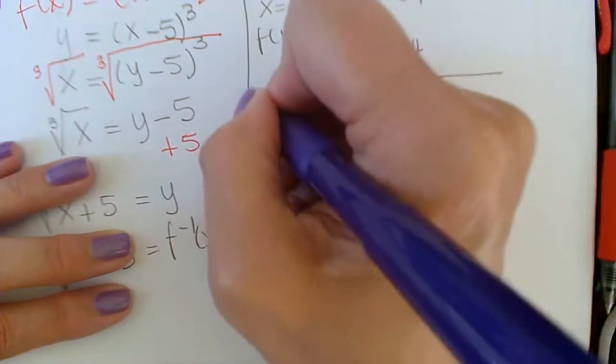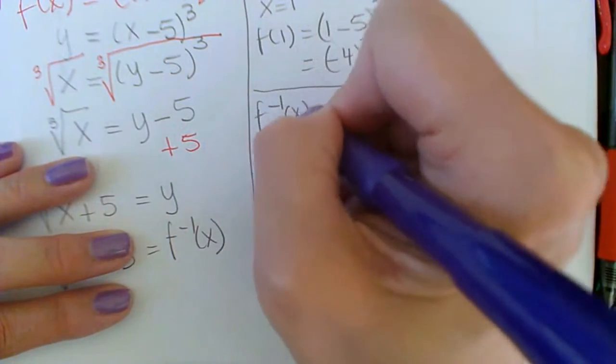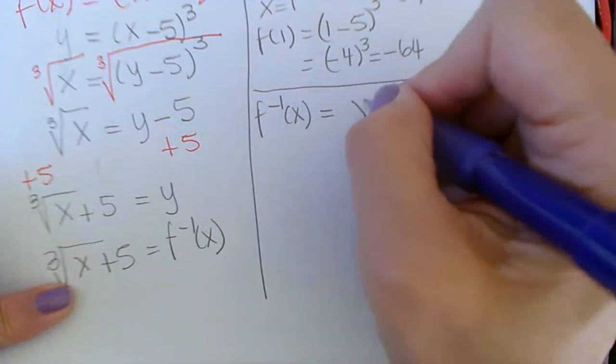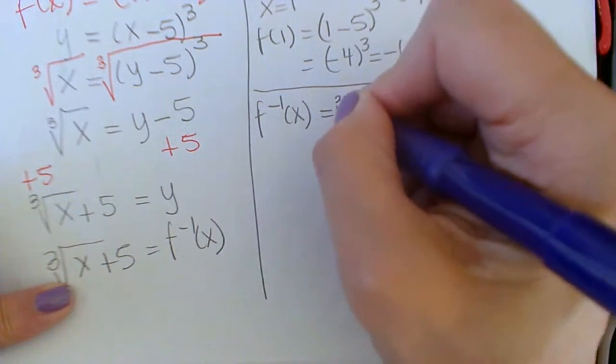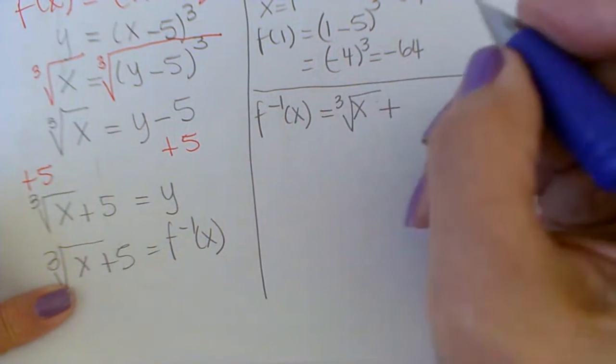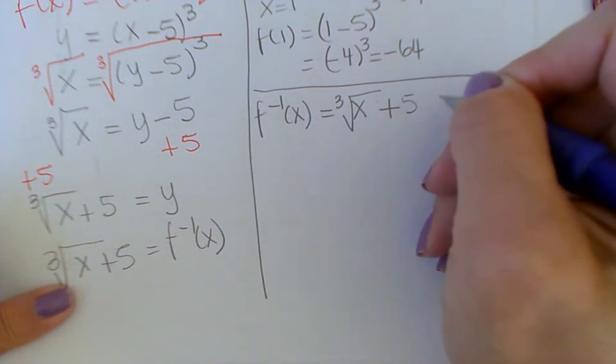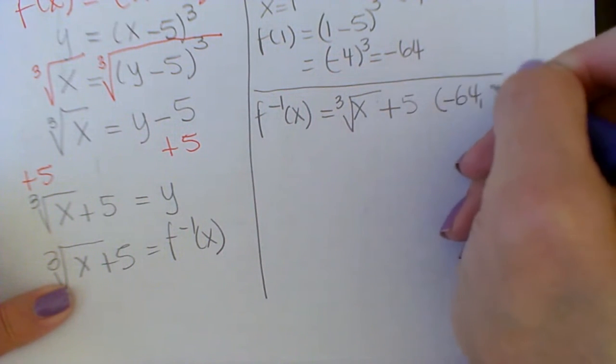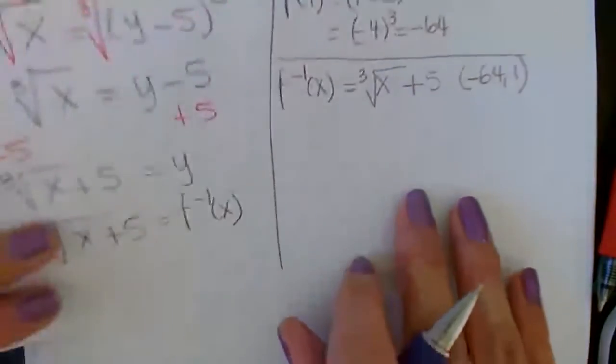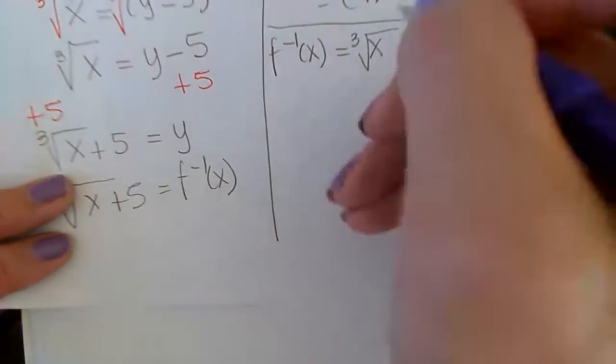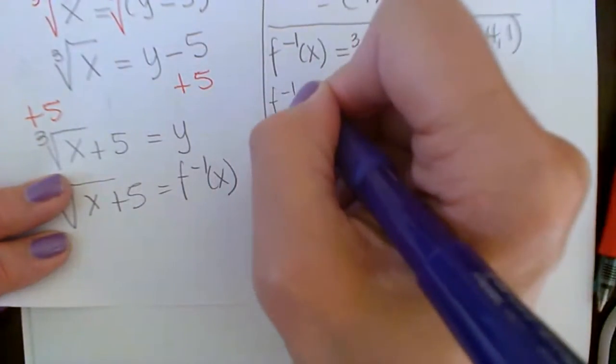So now for the inverse, which is the cubic root of x plus 5, it has to be negative 64 and 1. So let's try that.